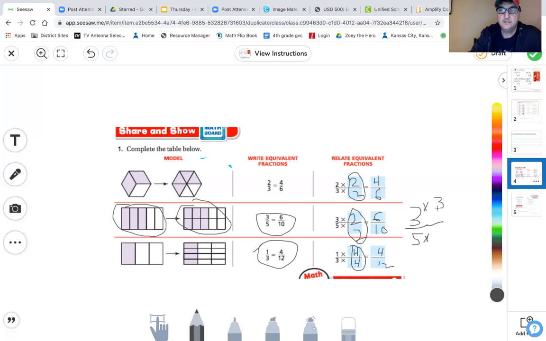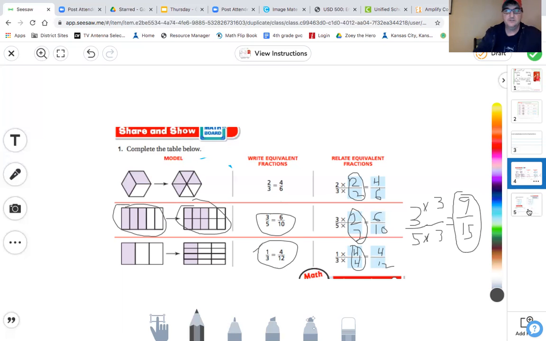Then 3 times 3 is 9, and 5 times 3 is 15. You get 9/15. So we can say that 9/15 is also equivalent to 3/5. So the point we're trying to make here, anytime you take a fraction and multiply the numerator and the denominator both by the same number, you'll get an equivalent fraction.